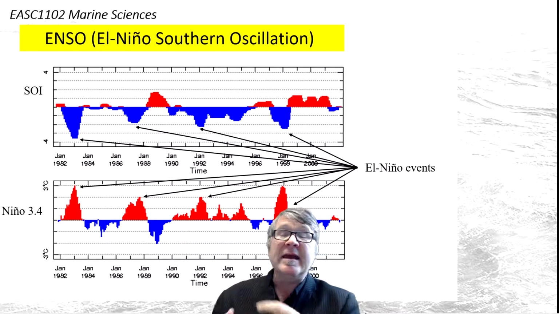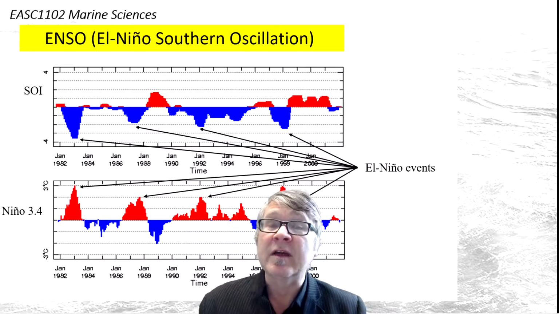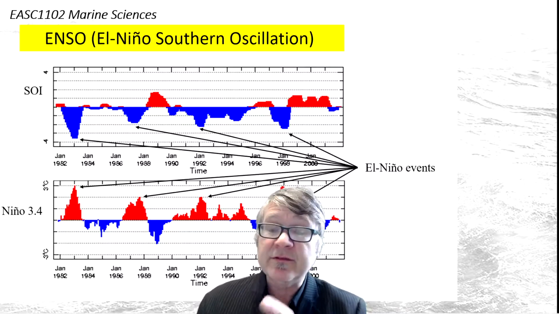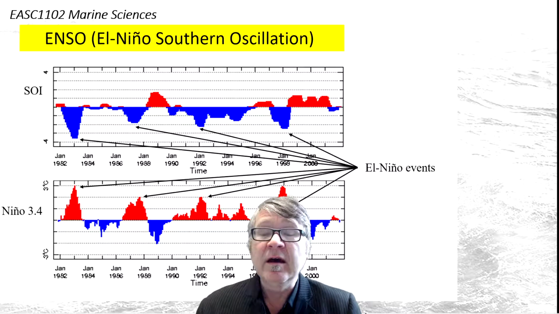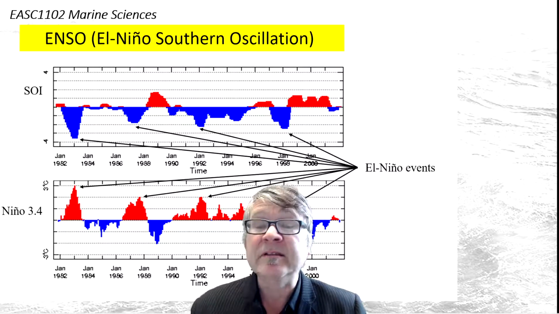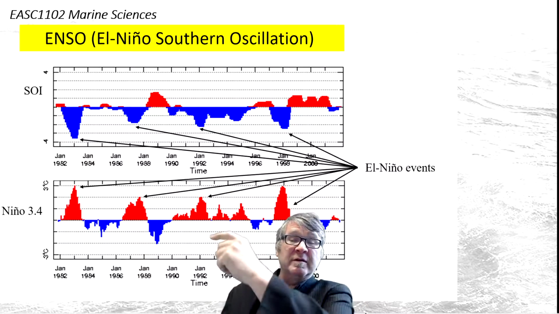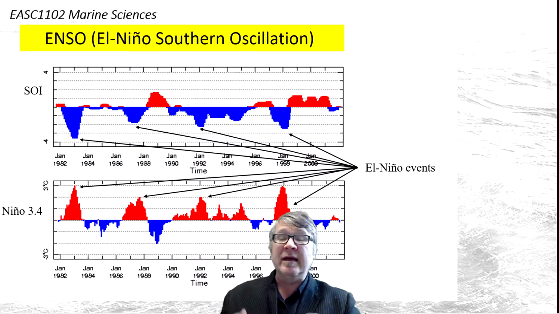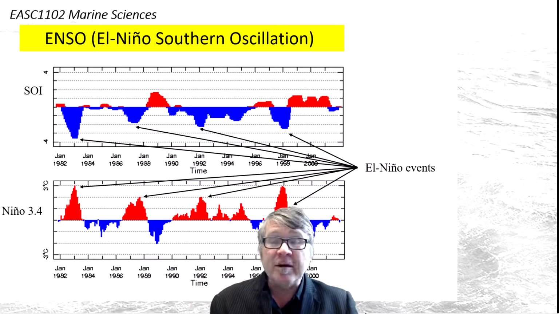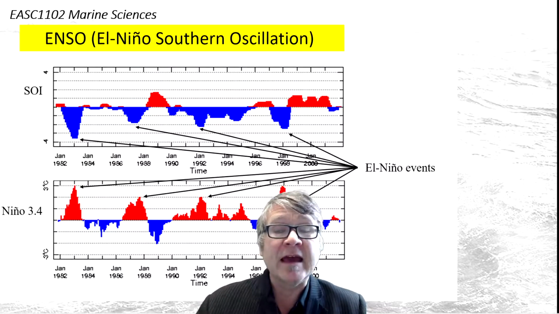Positive anomalies, which reflect El Nino events, are shown as red regions, and negative, La Nina events, are shown in blue. You can see there's a one-to-one correspondence. The SOI and Niño 3.4 essentially show you the same feature, and again, this illustrates the coupling between the atmosphere and the ocean.